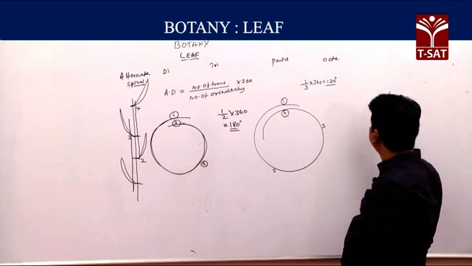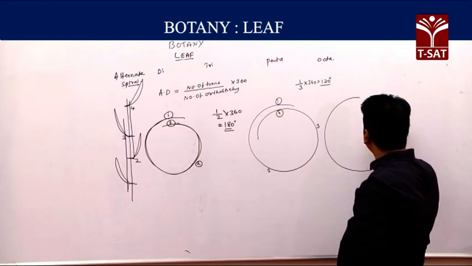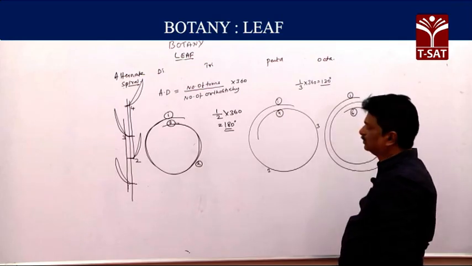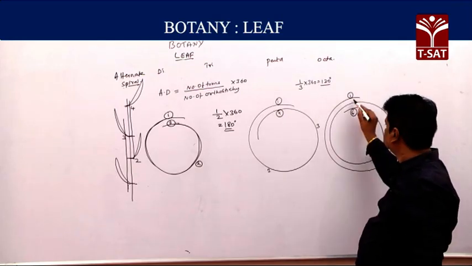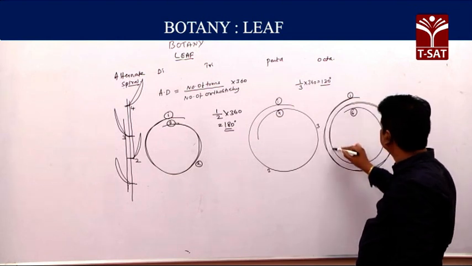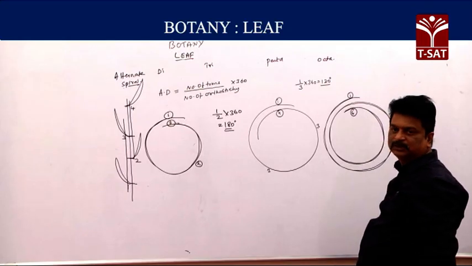The next one: the sixth leaf is placed over the first leaf. From the first leaf to reach the sixth leaf, the genetic spiral makes 2 turns.